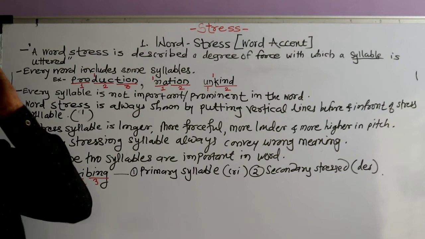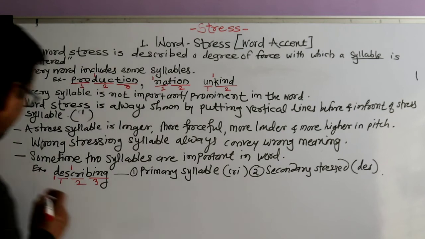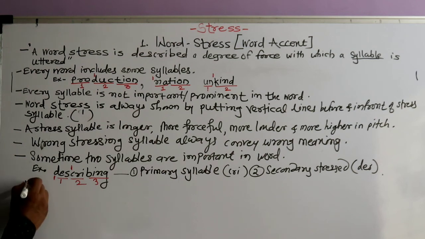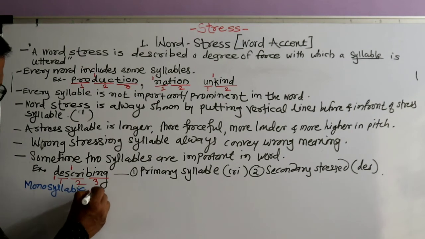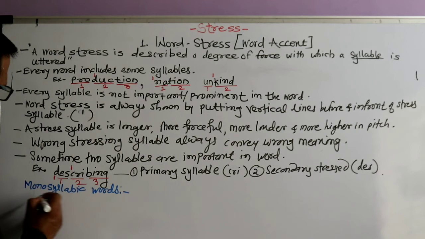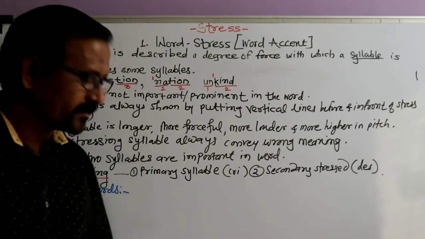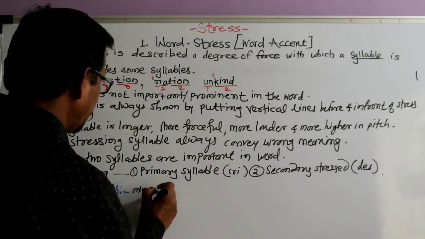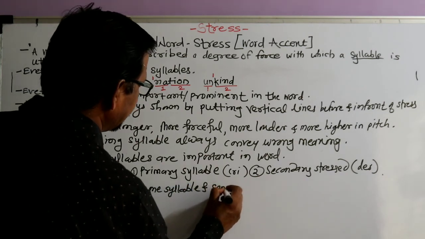So we have some other types of words. The first one is the monosyllabic word. Monosyllabic words are words which have only one syllable, and the same stress.